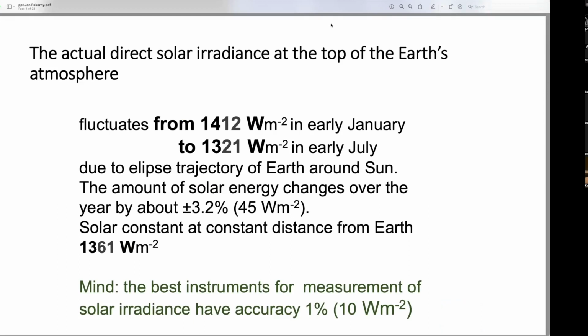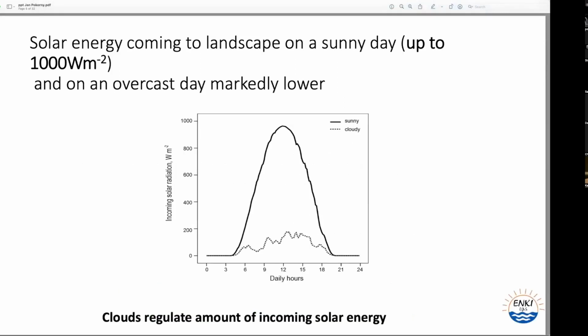When we are on the outer layer of the planet, we measure the top of our atmosphere. We will measure 1400 watts per square meter up to 13 watts per square meter, depending on the position of our Earth on its elliptical way around the sun. Next one. And there is a big difference in the incoming solar energy on a sunny day.